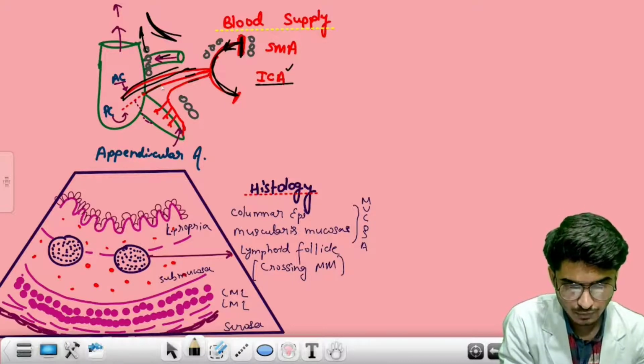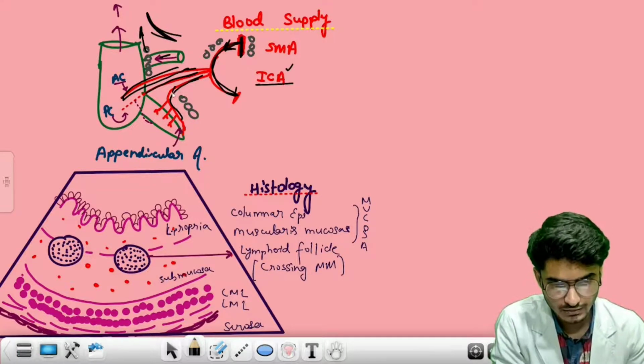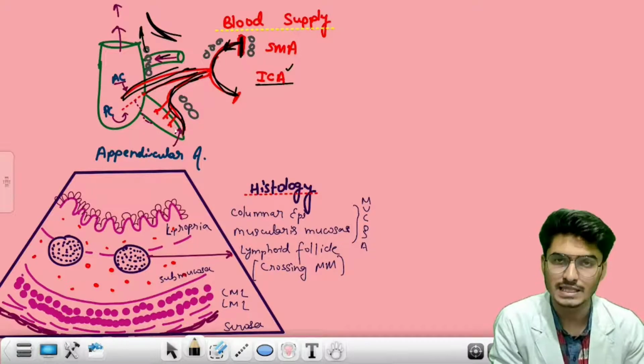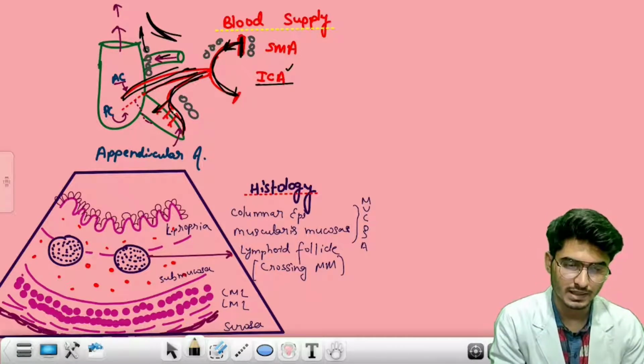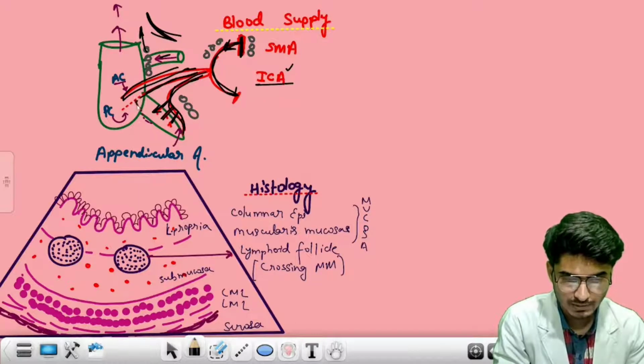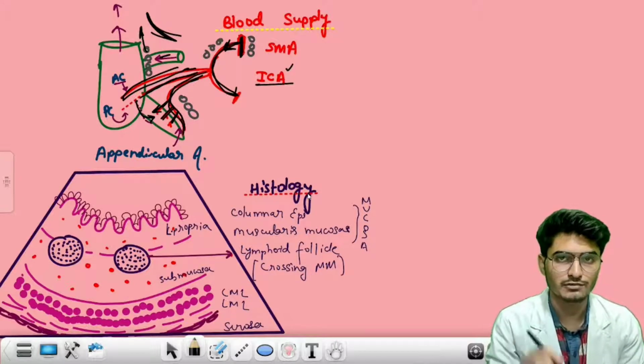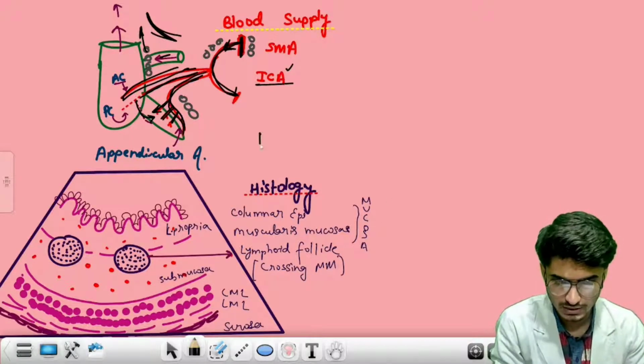Another branch is the posterior cecal artery, and the third branch is the appendicular artery itself. The appendicular artery is an end artery and supplies the appendix. A branch coming from the posterior cecal artery also supplies the appendix, and this branch is called the artery of Seshachalam.